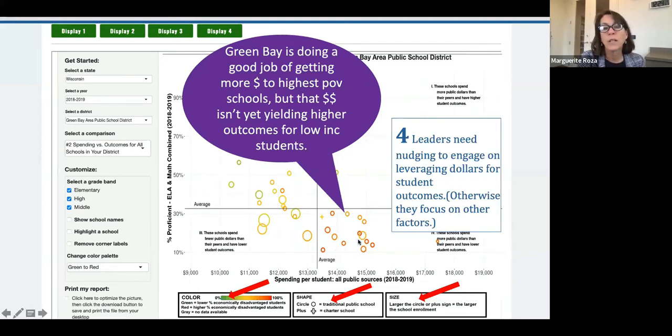Or similarly, for some of our other ones, like maybe this school, we have $13,000 a kid, and there are some other similarly low income schools by the same color that have higher outcomes than that one. So how do we take the money that we've invested in the school and make sure we're getting those high outcomes? It just took a little bit of nudging to have those conversations.